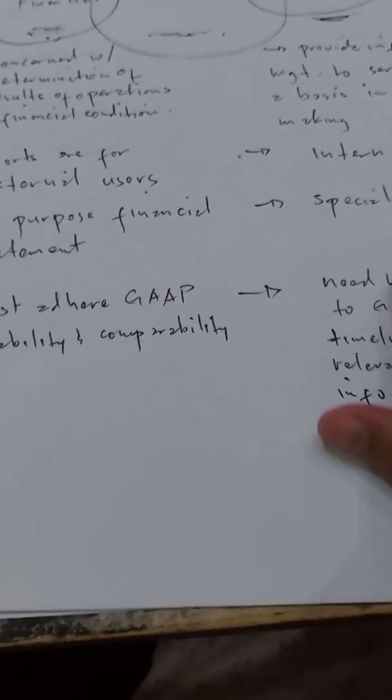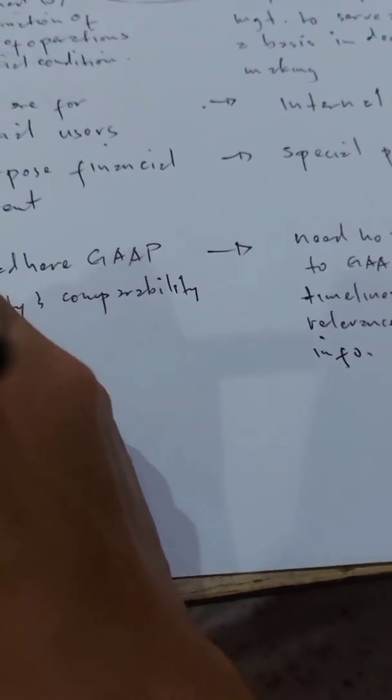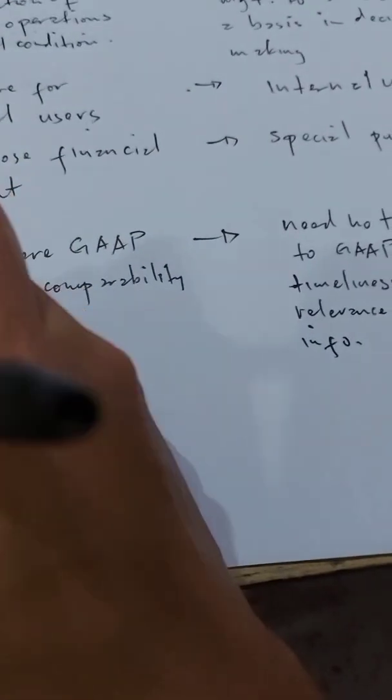Okay. So, as to time orientation naman, pag sinabi natin financial, it is history-oriented. Ibig sabihin, dapat past event na siya, for it summarizes results of operations and their effects on financial condition and cash flows. While kapag management accounting, it is future-oriented.